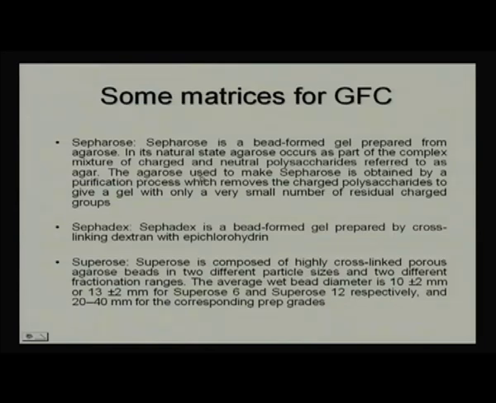The agarose used to make Sepharose is obtained by a purification process which removes the charged polysaccharide to give a gel with only a very small number of residual charged groups. So, these are the Sepharose molecules. When we select the polysaccharide agarose and cross-linking is carried out, we get this Sepharose molecule.